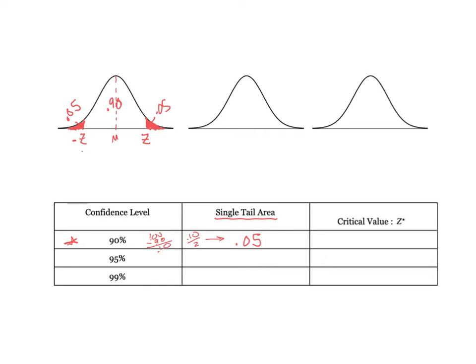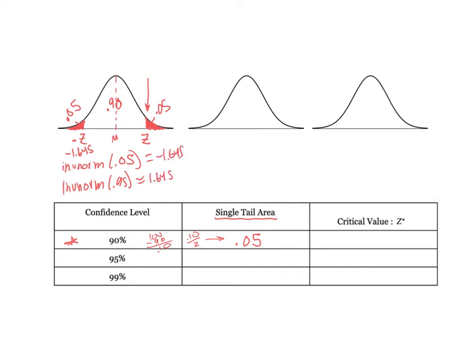Now I can look up that single tail using a command from our past, which is inverse normal. If you inverse normal 5%, you get the critical value. Inverse normal 5% gives you negative 1.645. And if you inverse normal 95%, which would be this position over here, you get positive 1.645.